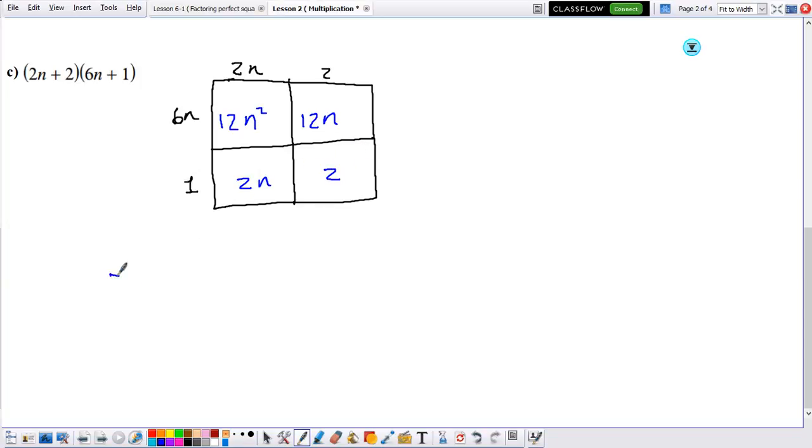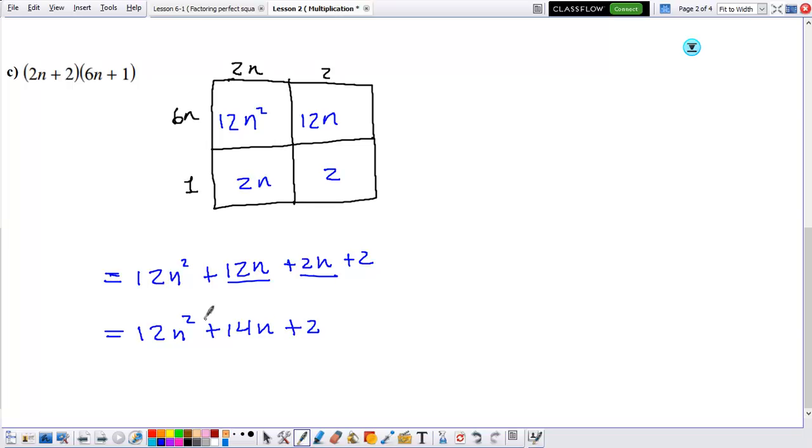Let's rewrite those outside: 12n squared, then 12n, then 2n, and the last one, which is just 2. Notice that we can combine these two terms. Once you combine them, that becomes 14n, and then you add the 2 because we have not done anything to it. So this is your final answer.